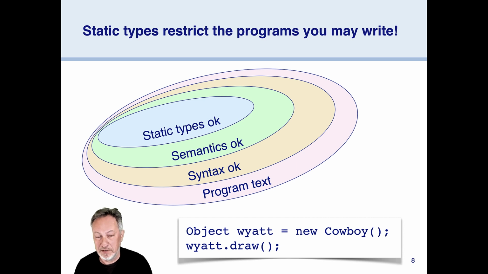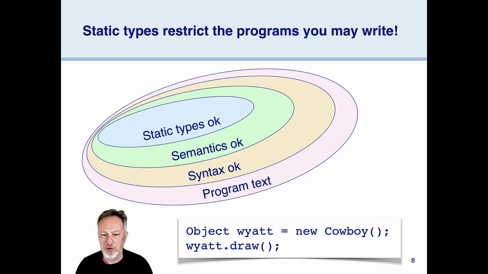So the static type system, on the basis of the knowledge of the program text alone, without executing the program, tries to check if our program is semantically okay. Now what happens is, as a result, programs that are in the blue zone are semantically okay and statically typed okay. So the compiler will accept them, and it's going to allow us to run those programs. However, there's still a zone, which is the green zone, and these are programs that are semantically okay, but the type system rejects them.